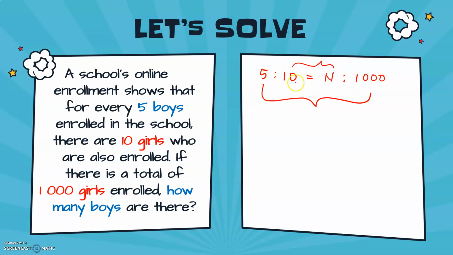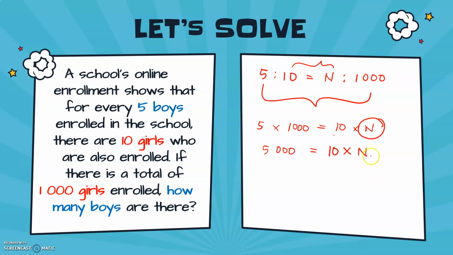So we'll have 5 times 1000. This should be equal to 10 times n. 5 times 1000 will give us 5000. But for the case of 10 and n, we cannot multiply them yet because we do not know the value of n. But we know that 5000 is equal to 10 times n.